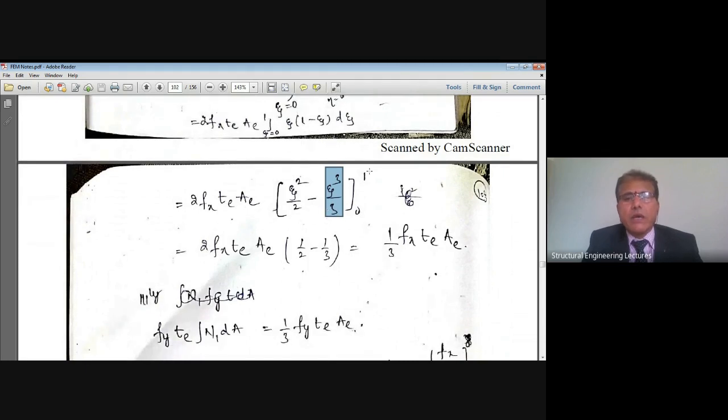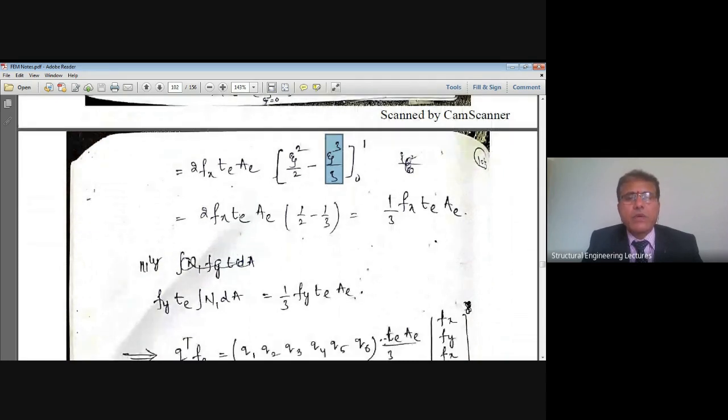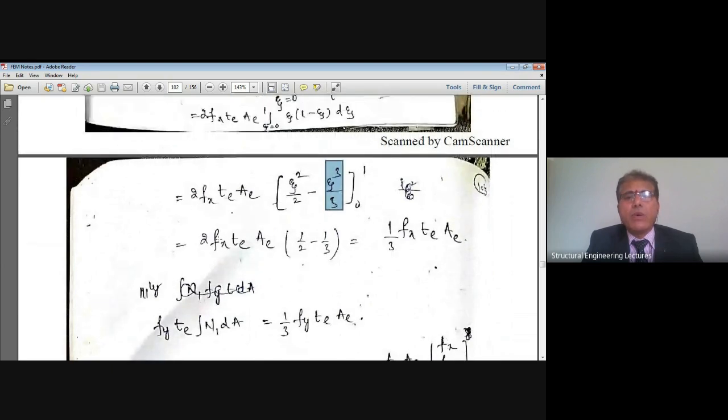Then substituting the lower and upper bound values, now I'll get 1 by 2 minus 1 by 3. Outside we already have 2 Fx t multiplied by AE. Now from the inside I do have 1 by 6. Therefore, it will lead to 1 by 3 Fx multiplied by t multiplied by AE, meaning 1 by 3 multiplied by Fx multiplied by volume, right?